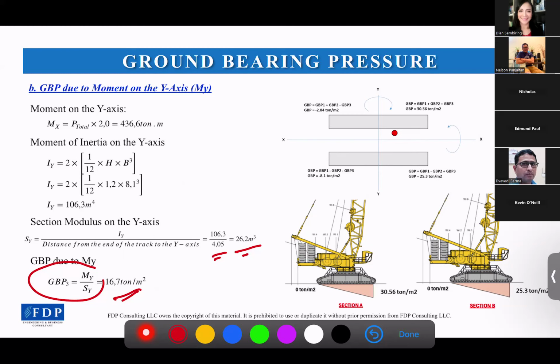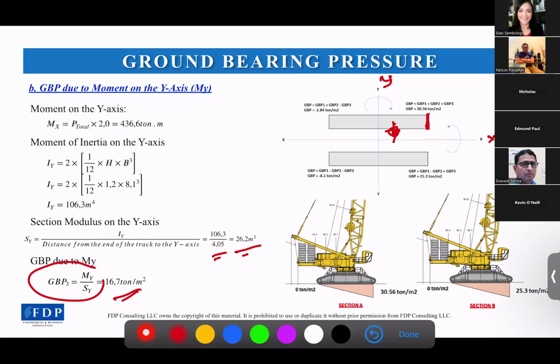Because the COG location is on the X positive and Y positive, this track will get all the ground bearing pressures added to get the total pressure.